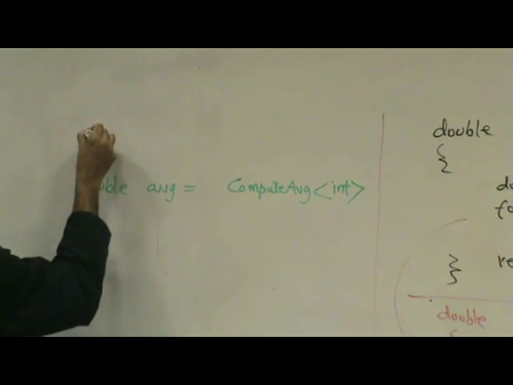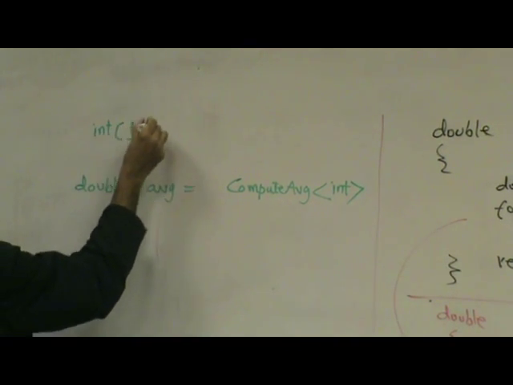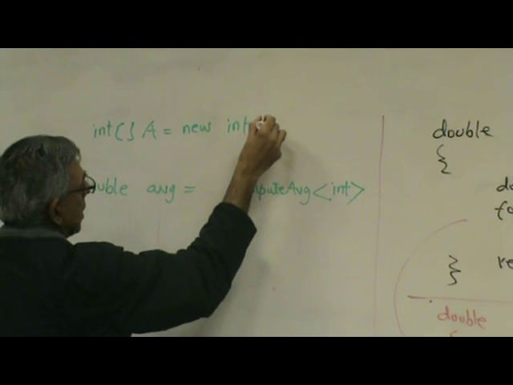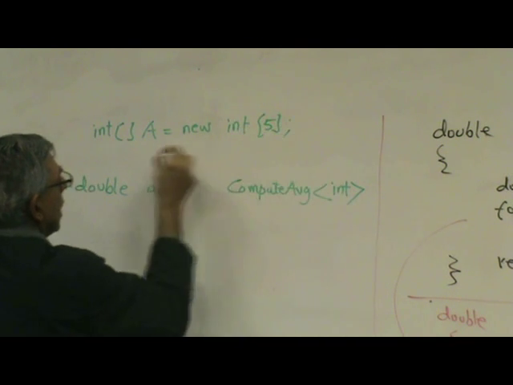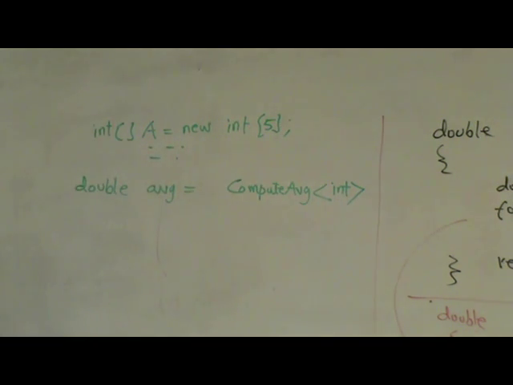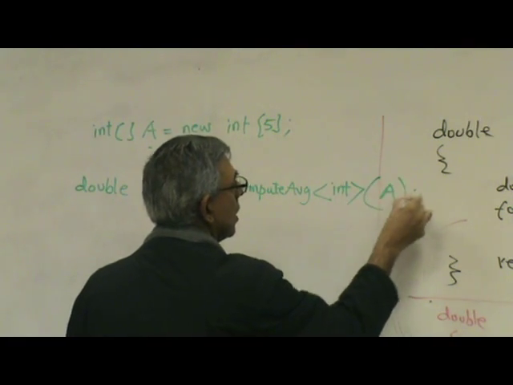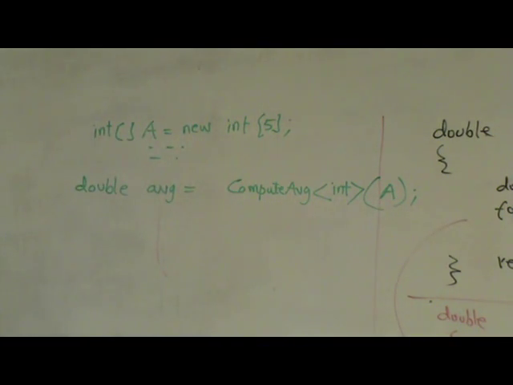And suppose they've already created an array, int a equal to new int of, let's say, 5, and then they've initialized the array. Let's pretend, right? So computeAvg int of a, correct? And this will give them the answer, okay?